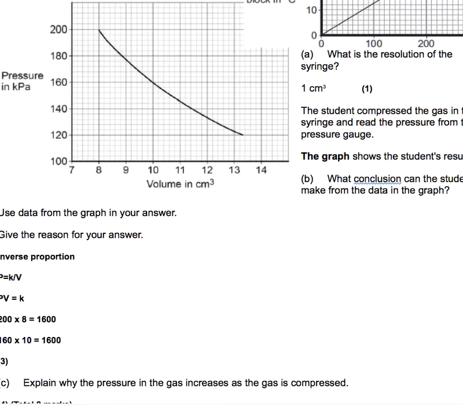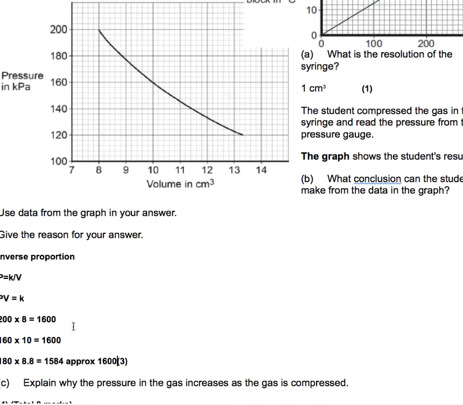Now, 2 points matching probably isn't quite enough. So if we looked at 180 and 8.8, that's 1584. And that's approximately equal to 1600.